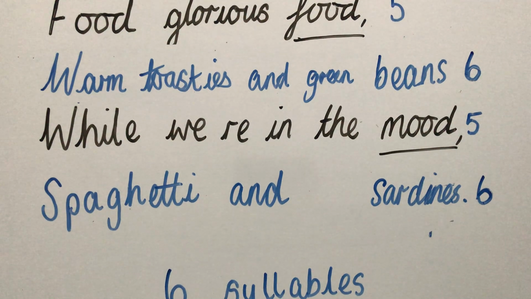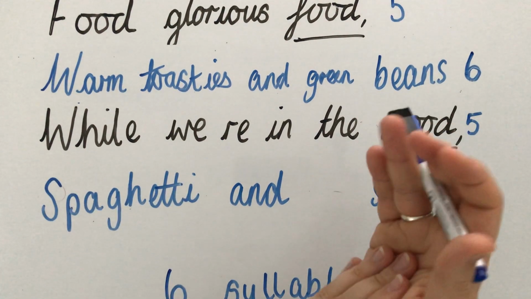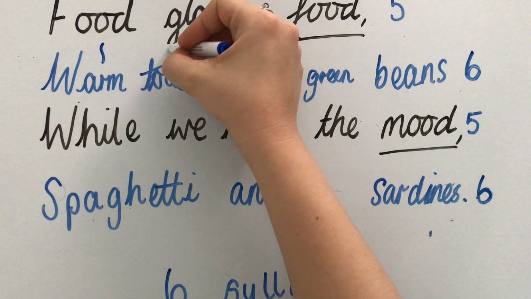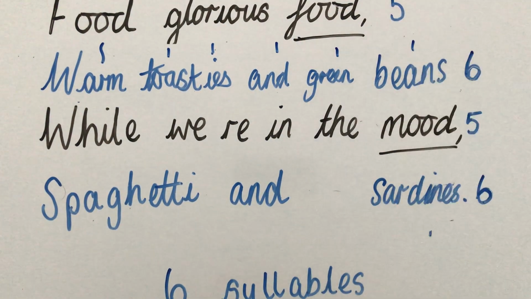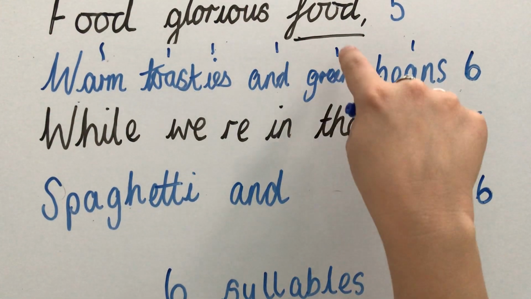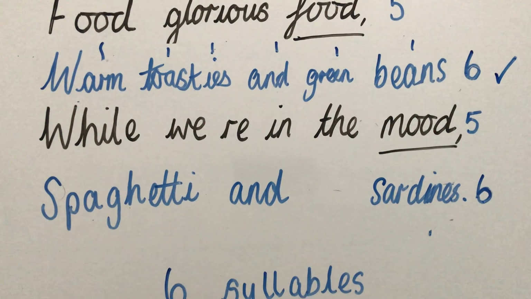Should we check how many syllables we've got? So we've got warm, toasties and green beans. Should we count them? 1, 2, 3, 4, 5, 6. So that one works. What about this one then?